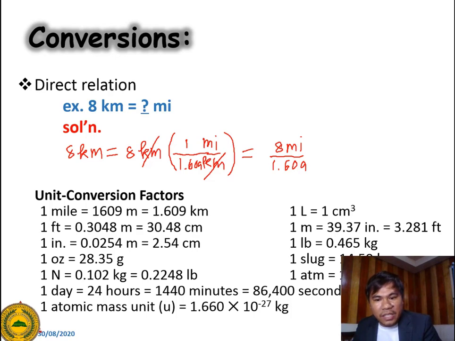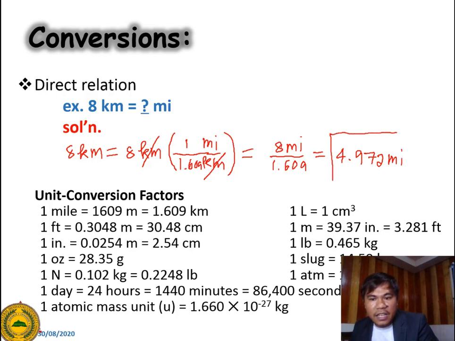I have no unit at the bottom since I already canceled it out. Simplifying this further means you just have to divide 8 by 1.609, and that produces 4.972 miles. So that's the answer.